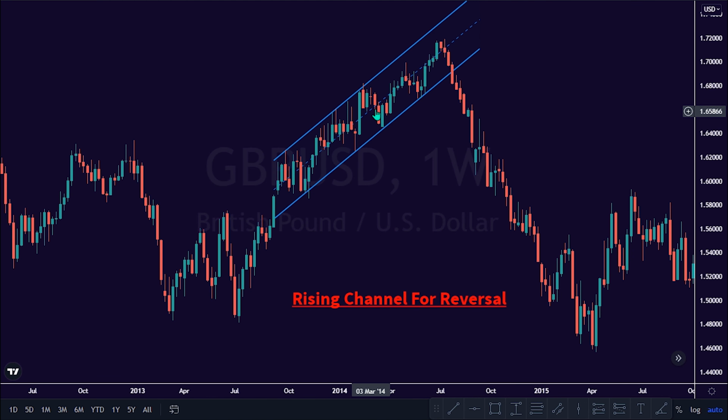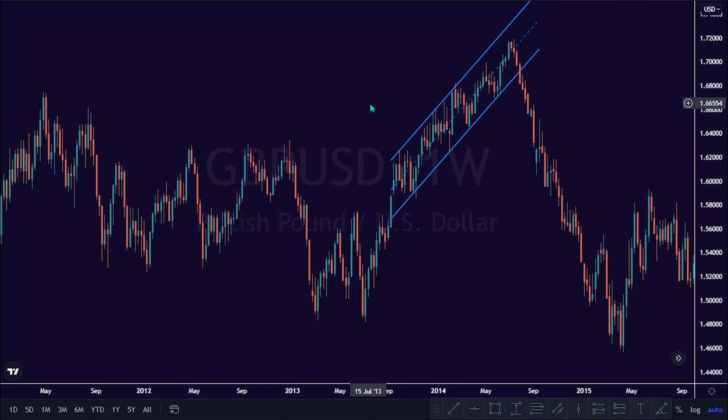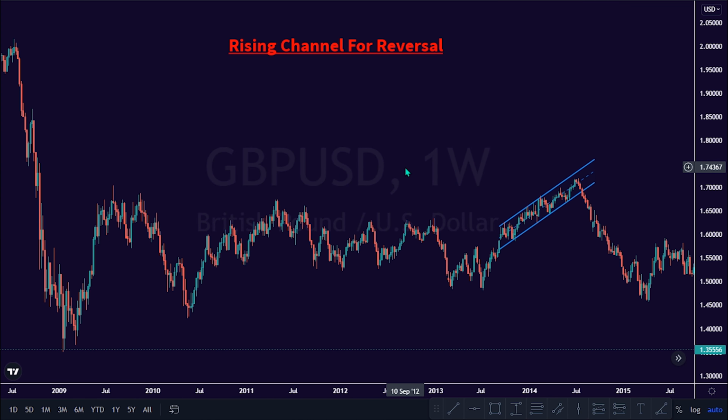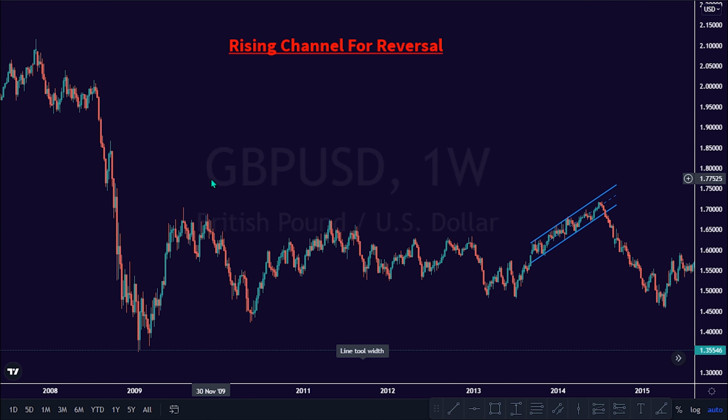Here's a rising channel on the weekly chart of the British pound sterling USD. We can see how this long-term bullish trend was reversed into a bearish trend. Let's zoom out to see if this rising channel reacted at a powerful resistance level on the weekly chart.